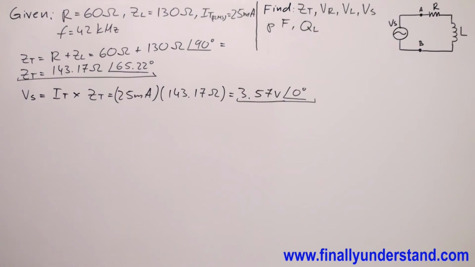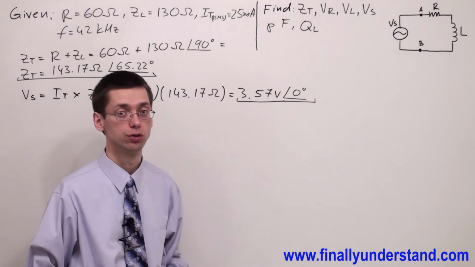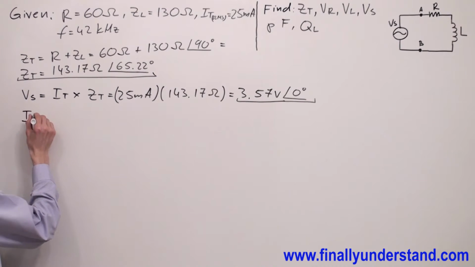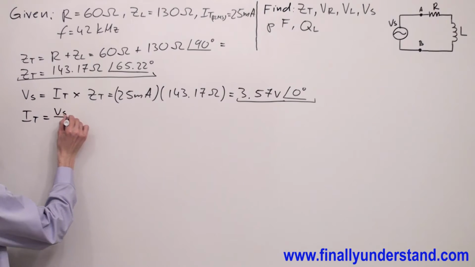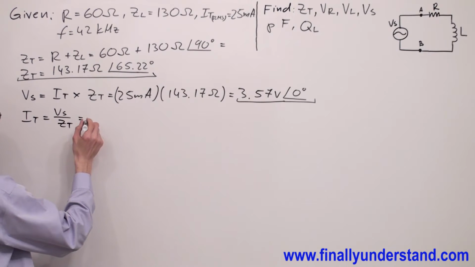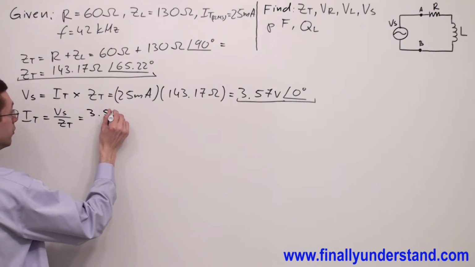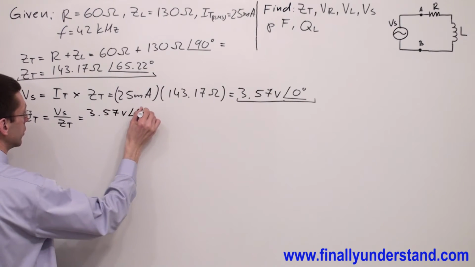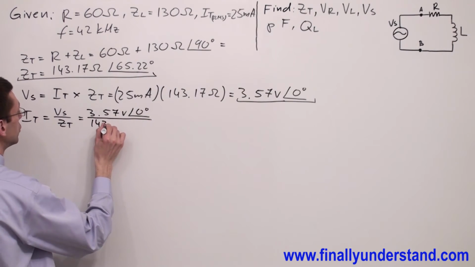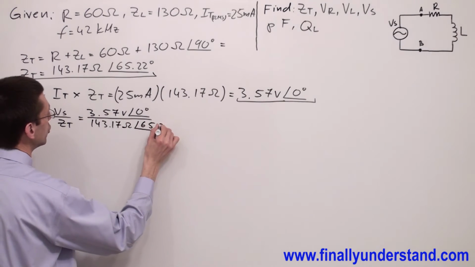Next, I'm supposed to find the angle which is going to be next to the magnitude of current. Current I total is equal to voltage source over Z total. Okay, so I have voltage source, which is 3.57 volts and angle of 0 degrees, over Z total, which is equal to 143.17 ohms and angle of 65.22 degrees.